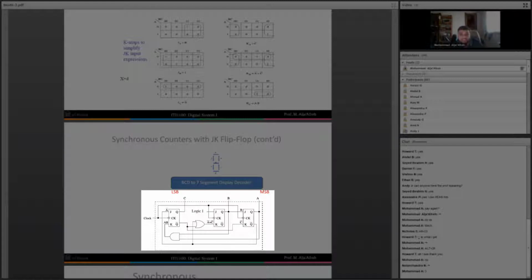And for KA, it's C prime. Come on, give me the Q prime from here and connect it here. We will do the same for the other flip-flop.